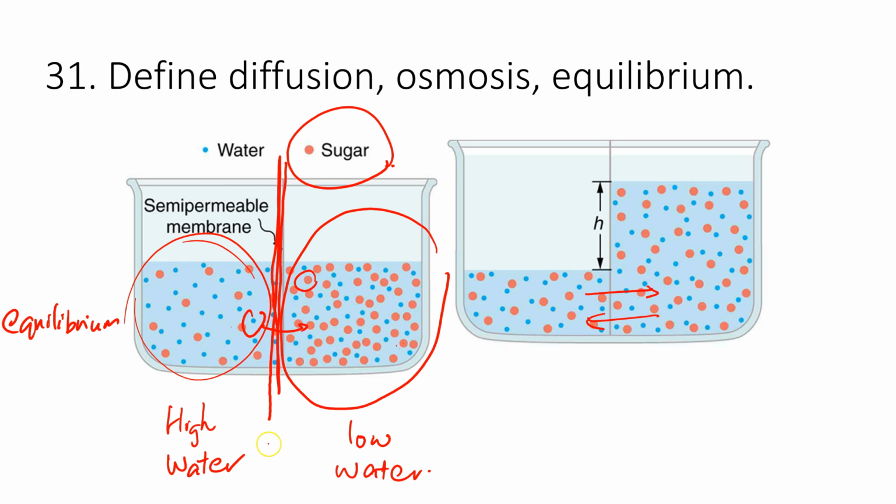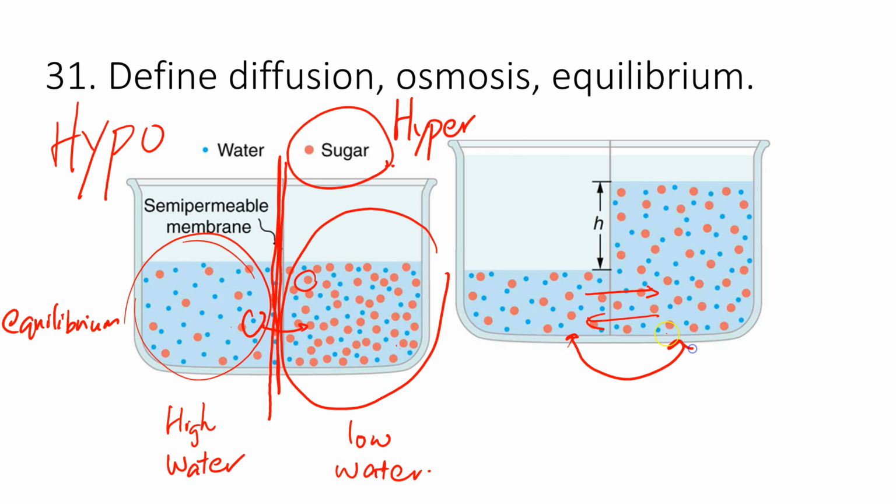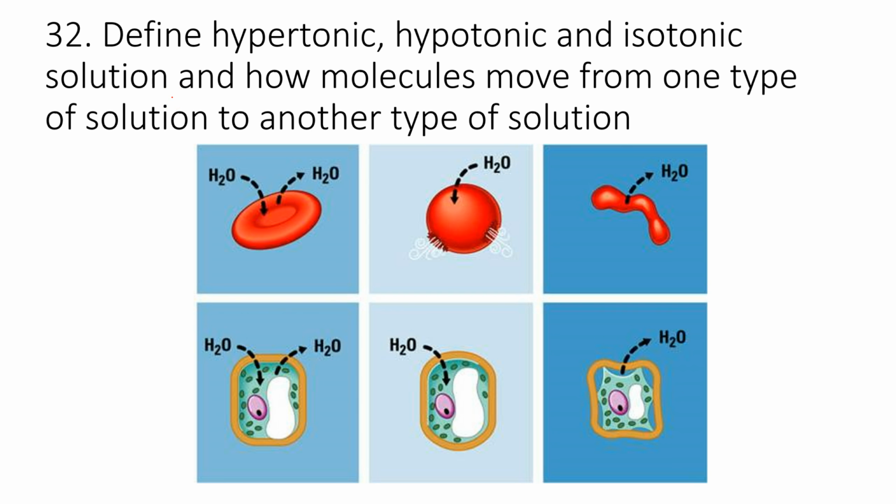High concentration of water, we call it hypo, while low concentration of water, we call it hyper, until they reach equilibrium. When they reach equilibrium, both of these solutions will become isotonic, right? So hypertonic, isotonic, hypertonic. You can see in this picture, water moves in and out, water moves in and out. No changes occur to the cell. So this is an isotonic solution, equal solutions.